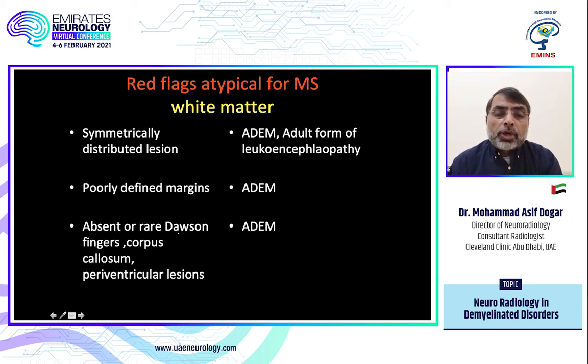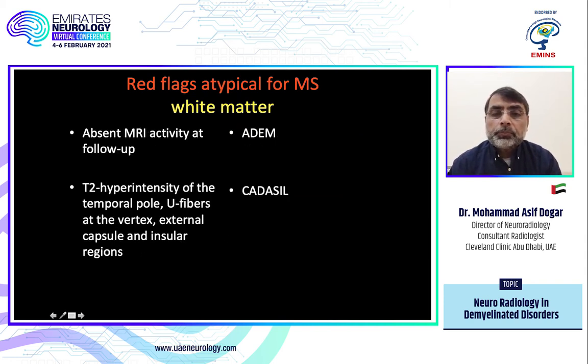And again, if there are no Dawson fingers, the corpus callosum or the periventricular region is not involved, then again, it could be ADEM. But sometimes you will see involvement of the periventricular region with ADEM. And again, if you do the follow-up exam and you don't see any activity, those are ADEM.